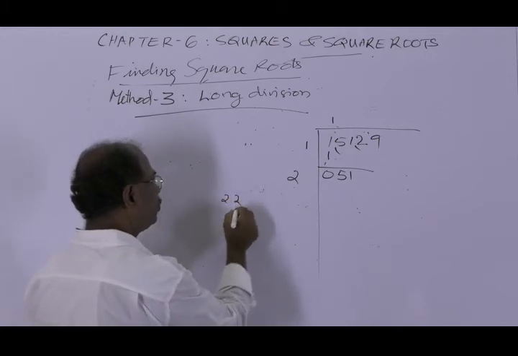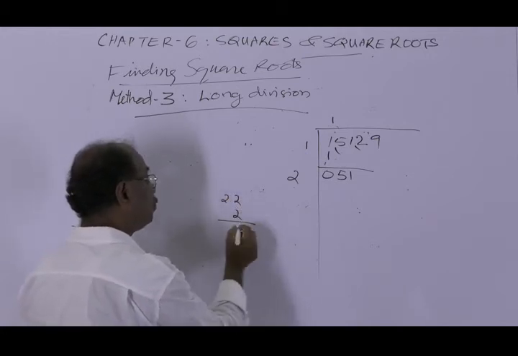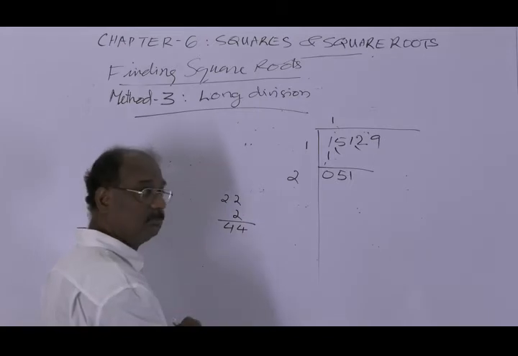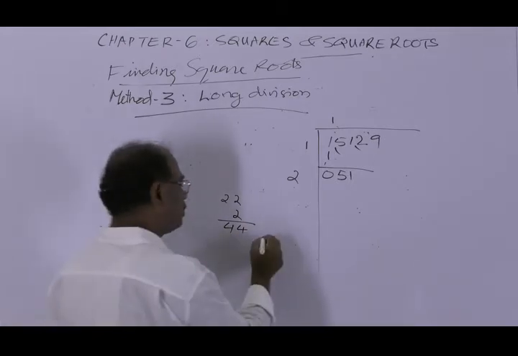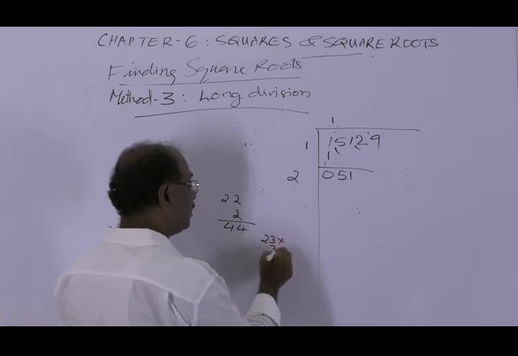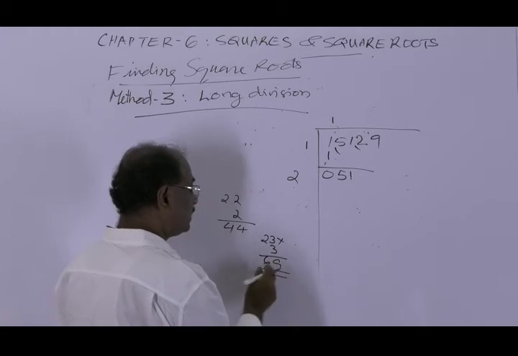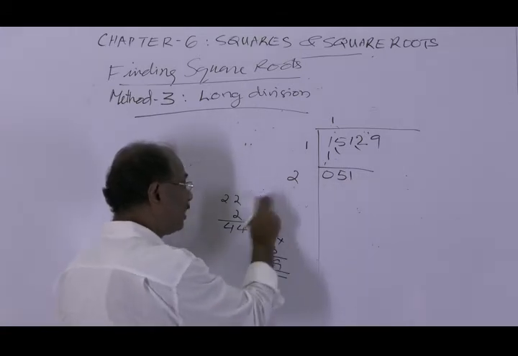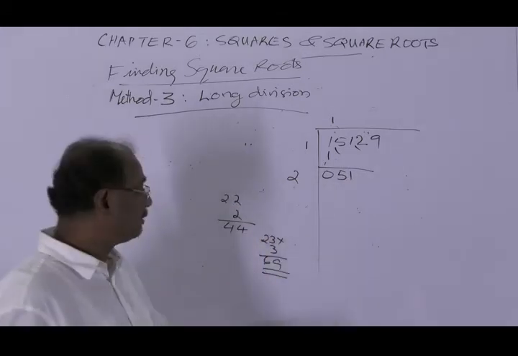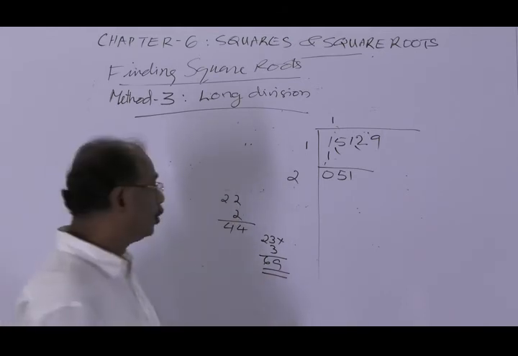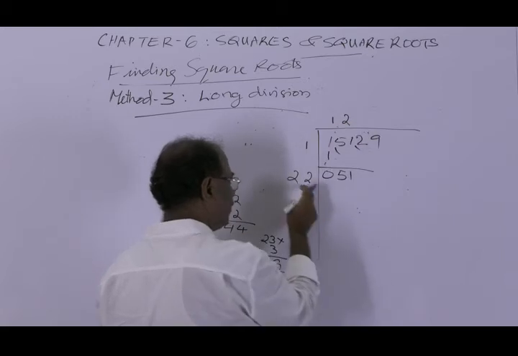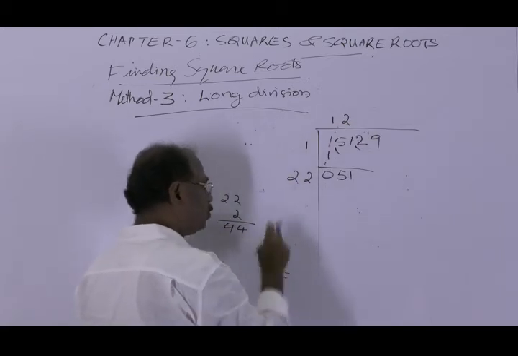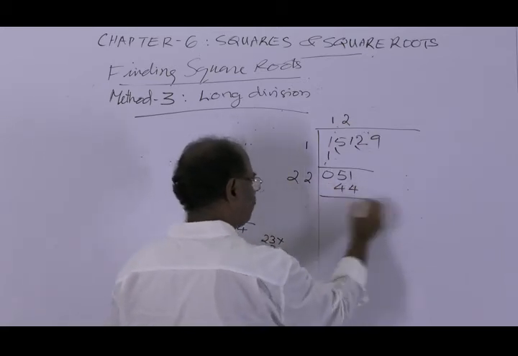So we get 22. Multiply this 22 with the 2, 44. Check whether this is maximum or not. Suppose we put 3, then 23 into 3: 3 into 3, 9, 3 into 2, 6, becomes 69, greater than 51. So we cannot write 3. The maximum is obtained when we write 2. So write 2 here, the same 2 here also. Multiply this 22 with that 2, we get 44.